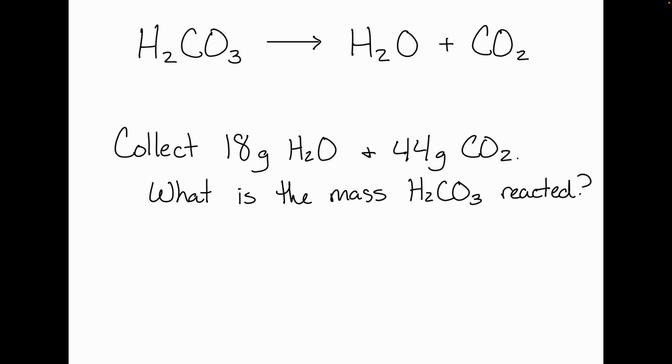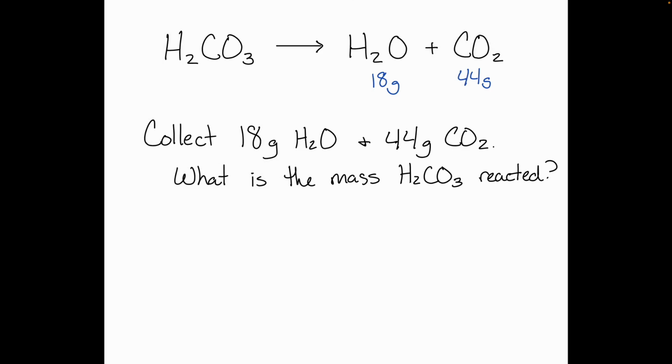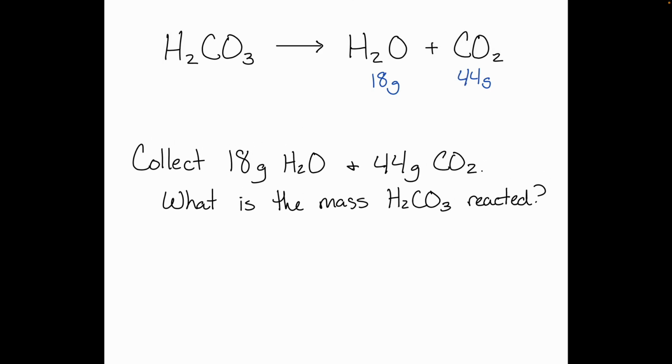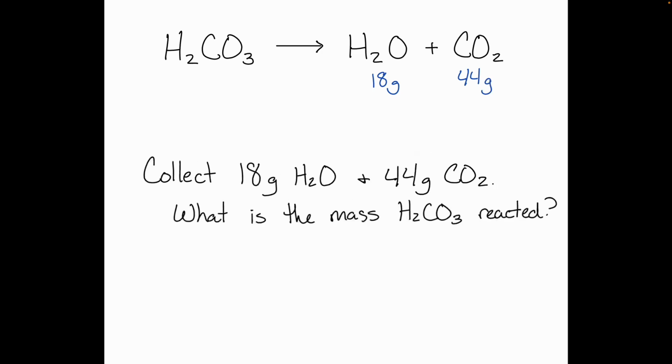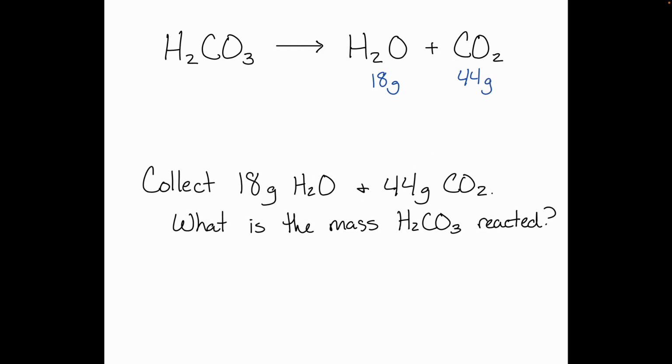All right, well, if I had 18 grams of water and 44 grams of carbon dioxide, that means that the total mass of product that I obtained was 62. Yes, okay. 62 grams, right? So where did that 62 grams of matter come from?